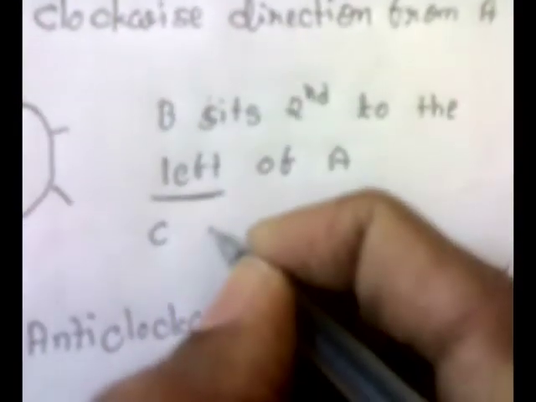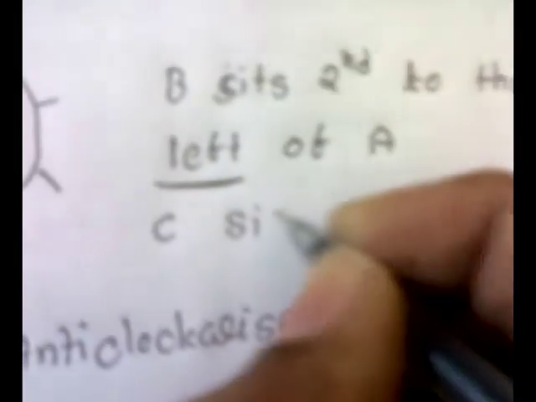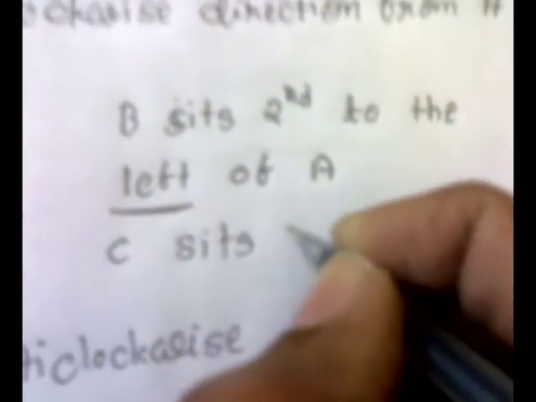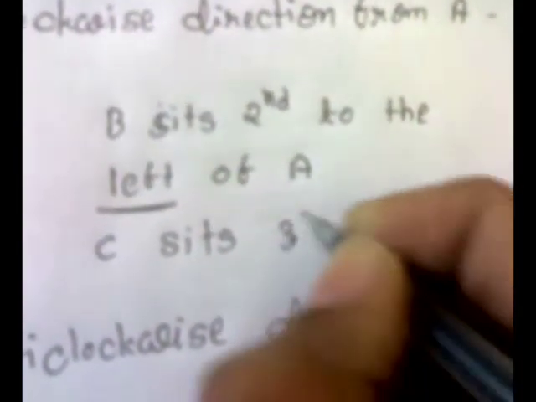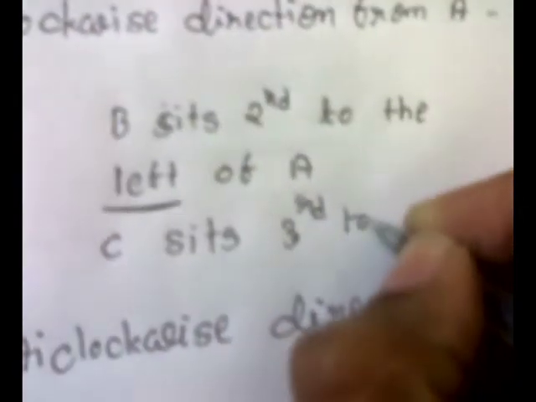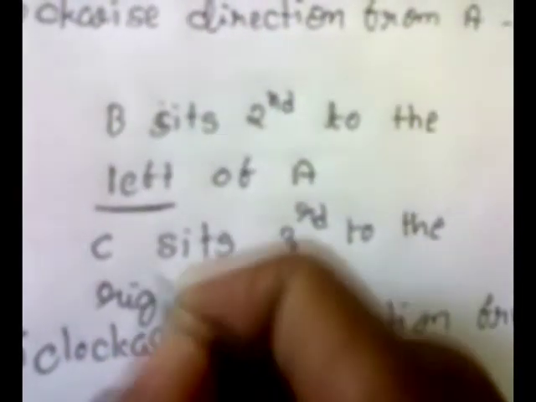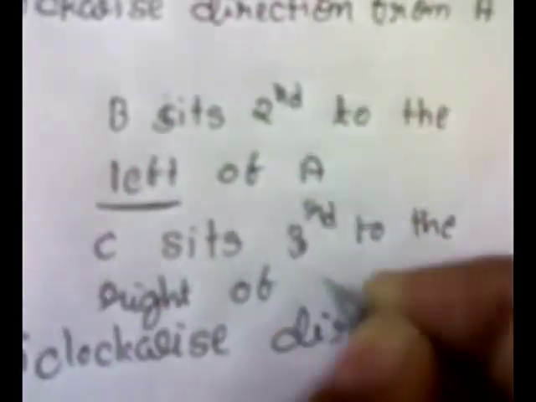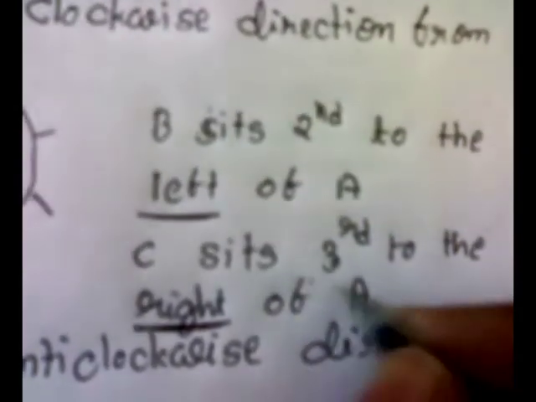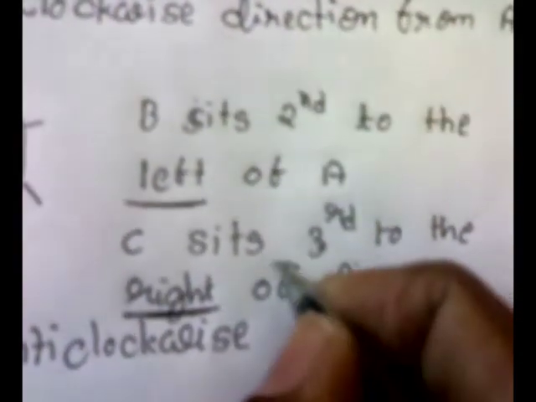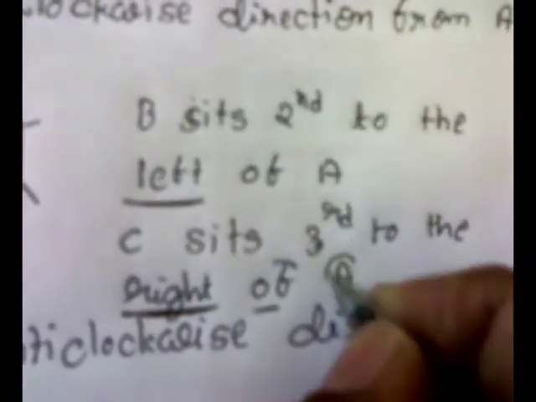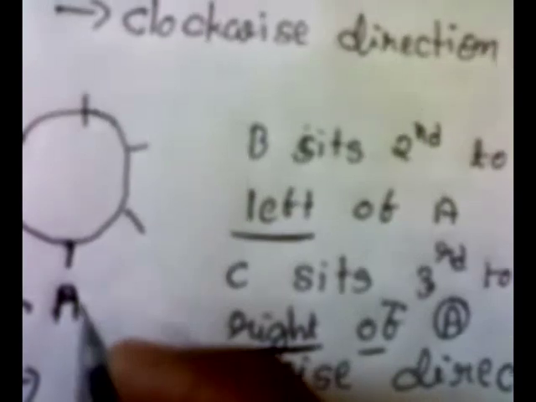Say C sits third to the right of A. Here the word is right, and the letter followed by of is A, which we have already put on the circle.